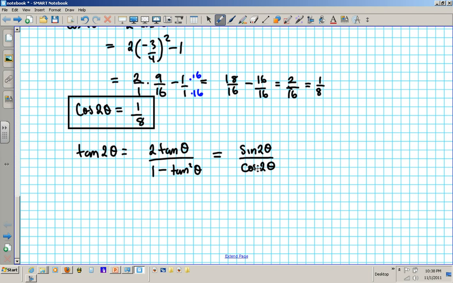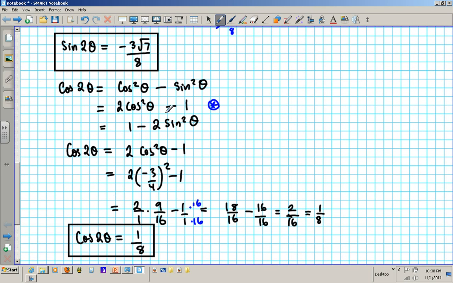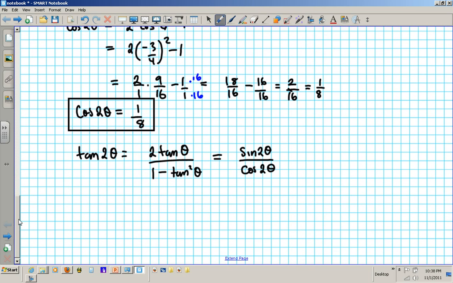I prefer this option because we already know sine and cosine. So we just find the quotient of these two results, and that will give us our result. So let's use that idea, okay? So tan 2 theta equals sine 2 theta over cosine 2 theta.